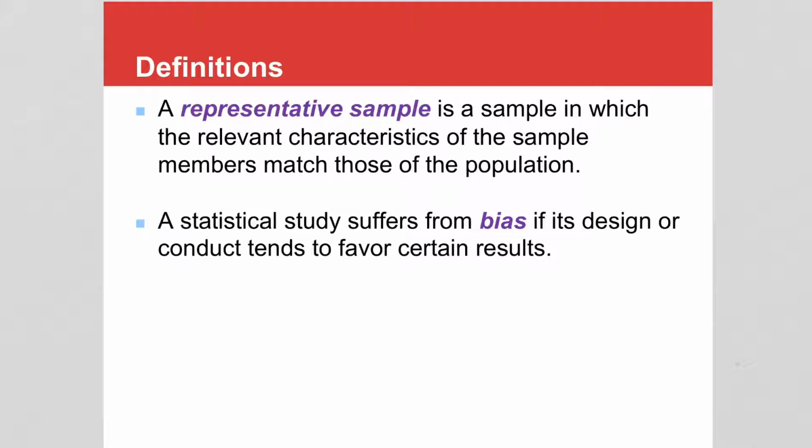A statistical study suffers from bias if its design or conduct tends to favor certain results. So if you just interviewed people in one area of the country and we're trying to say that represented the entire United States, that would be an example of bias.